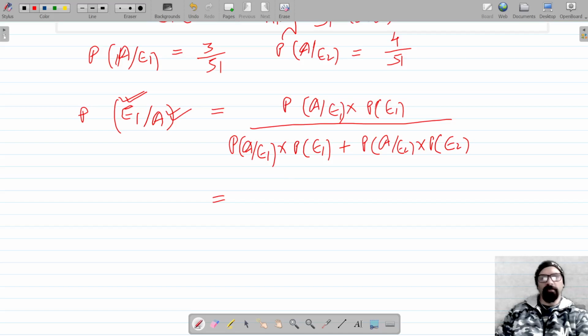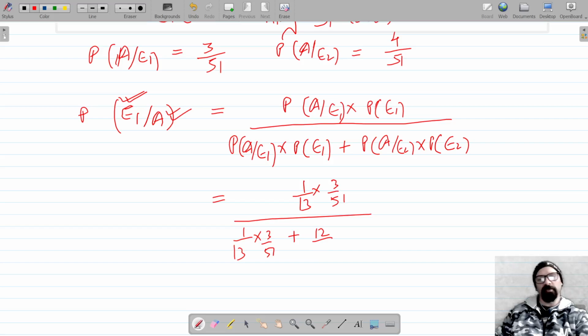Probability of E1 is 1 by 13 into 3 by 51, divided by 1 upon 13 into 3 by 51 plus probability of E2, which is 12 by 13 into 4 by 51.